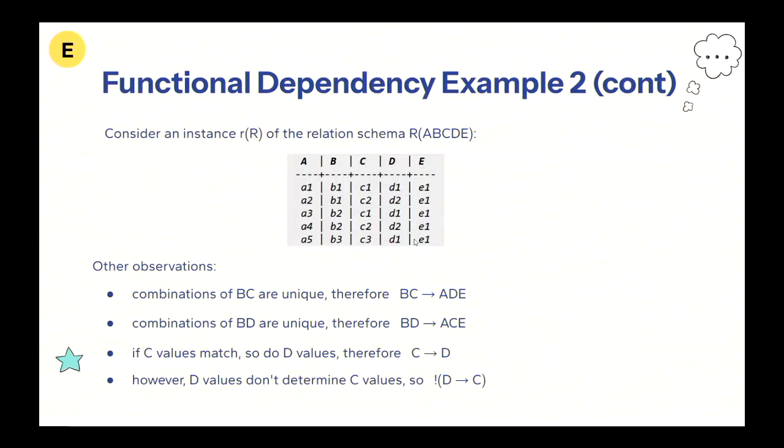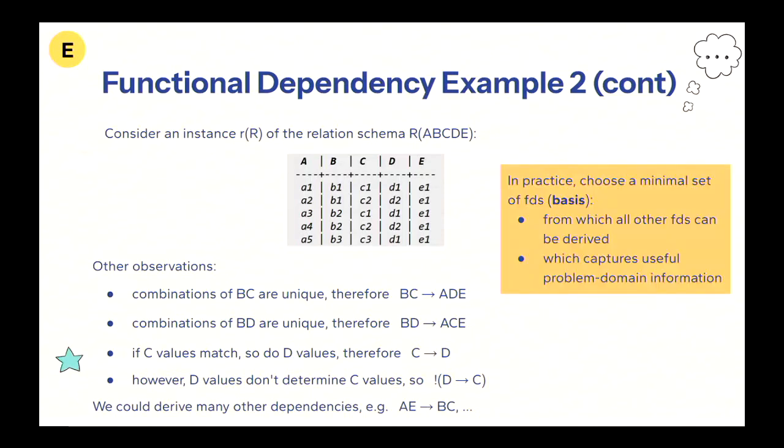So even though the D values are the same, the C values are not. So D doesn't determine C. We could have C determines D here, but D doesn't determine C. And we could also derive a lot of other dependencies from this table.